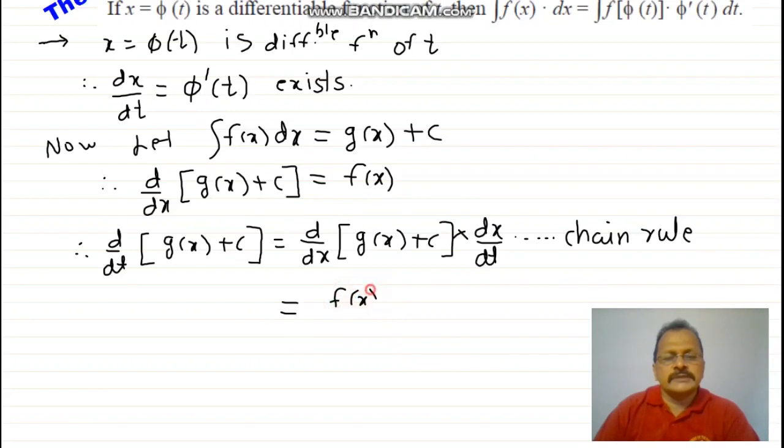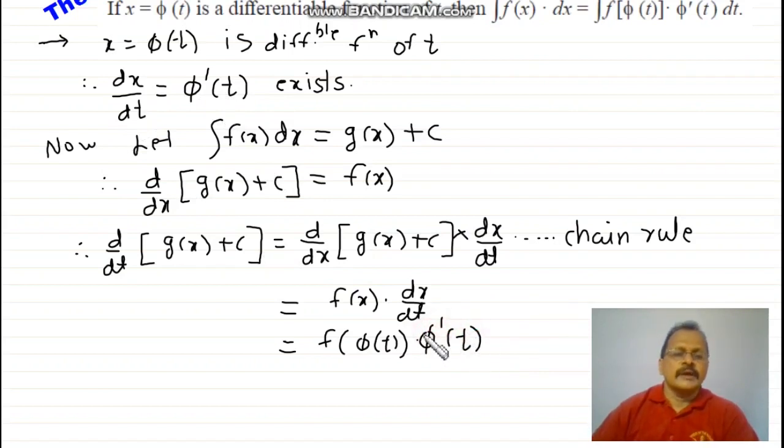This is fx into dx by dt. This is equal to f of, now x is nothing but phi t, so I am writing here phi t, and dx by dt is phi dash t. Now derivative of gx plus c with respect to t is f of phi t into phi dash t.